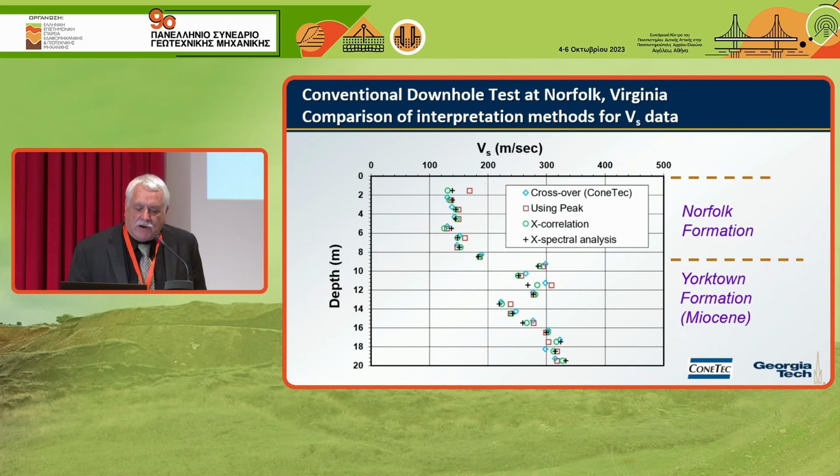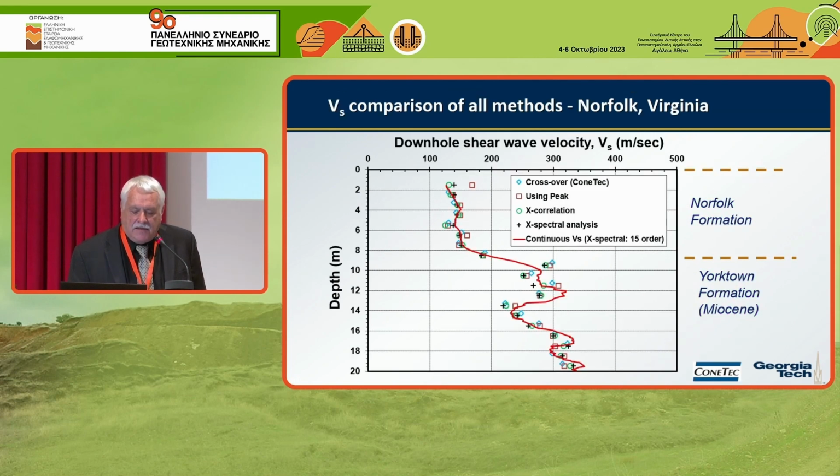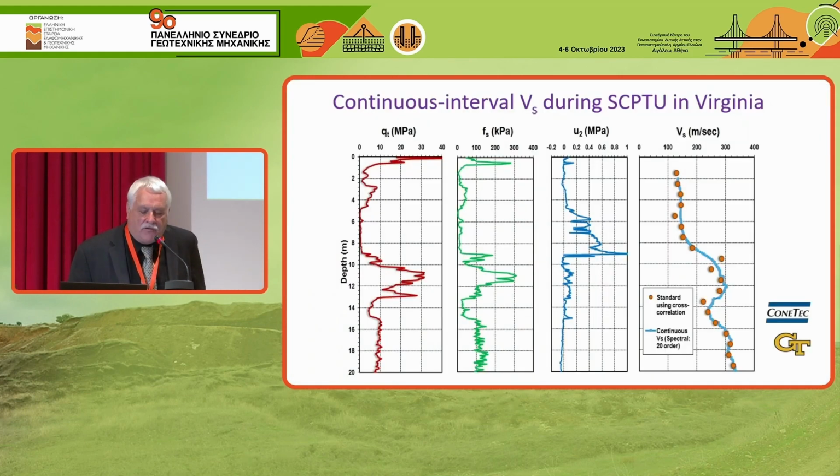Anyhow, here's the regular interpretation: crossover, peak, cross-correlation, spectral analysis, get slightly different answers. And here's the continuous, where we're just delivering a wavelet every 1 second. And here's the total profile. So you have cone tip, you have sleeve friction, you have pore pressure, and now you have continuous shear wave velocity. It's just another reading.